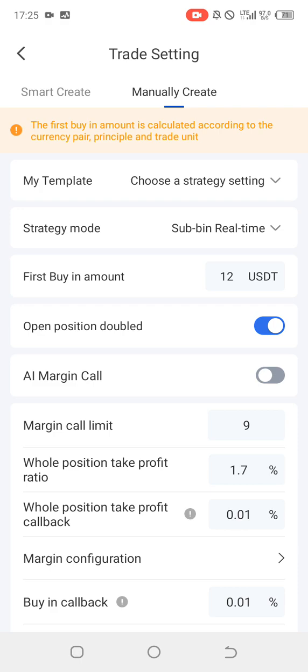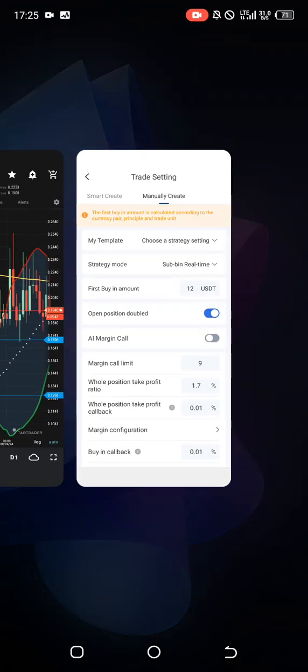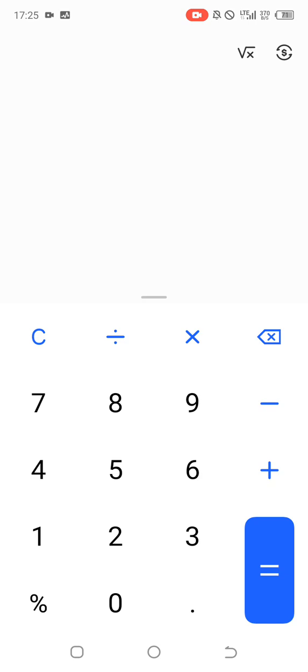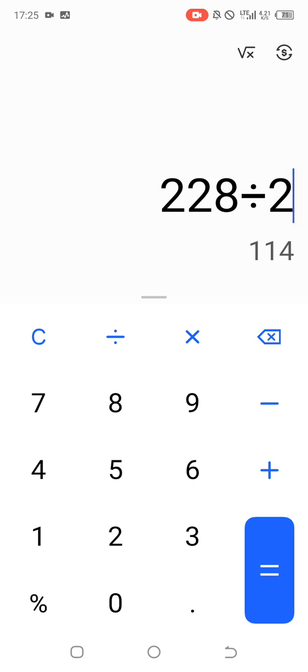So here is the Tinker Buidl strategy, it is 228. So if you don't have 228, you can divide the 228 by 2, and then it will give you a much lower amount. So 228 divided by 2, you get 114. So if you have 114, you just reduce the number of times. Okay, you just reduce it.